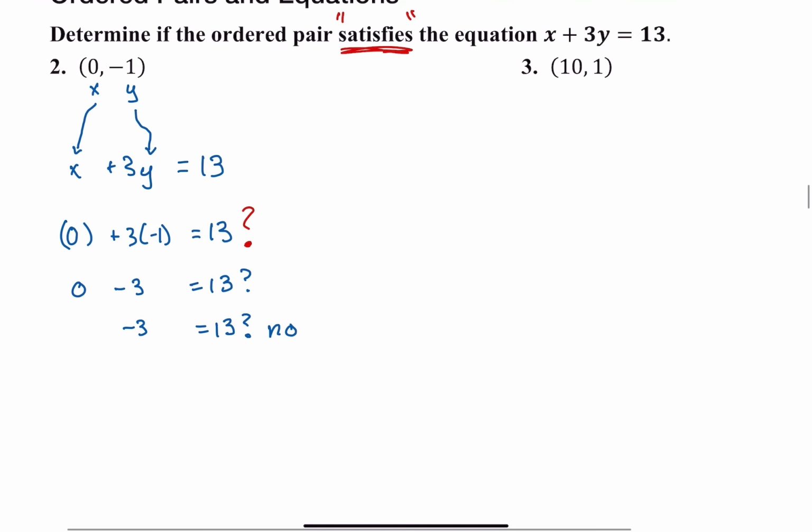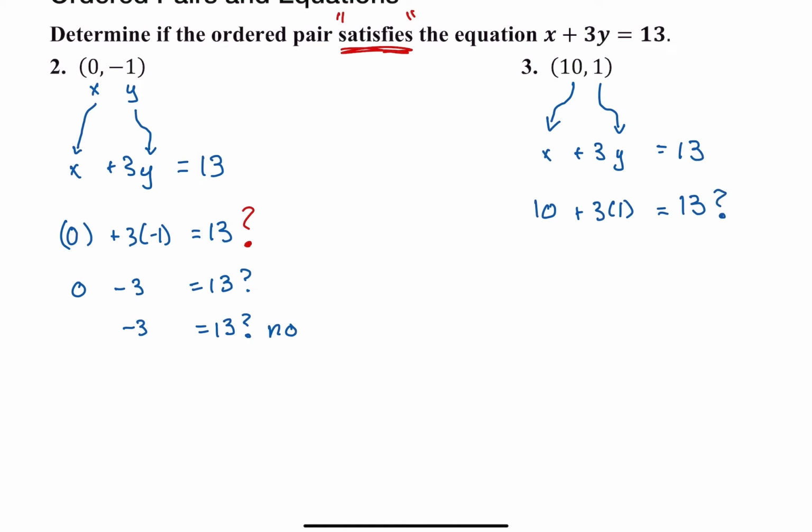Number 3 is going to be a similar process. I always just try to show enough work that I don't make a mistake. So I just rewrote the equation, and I'm just kind of drawing arrows. So the x right here goes to 10, and the y here goes to 1. So 10 plus 3 times 1, we're checking, is that equal to 13?